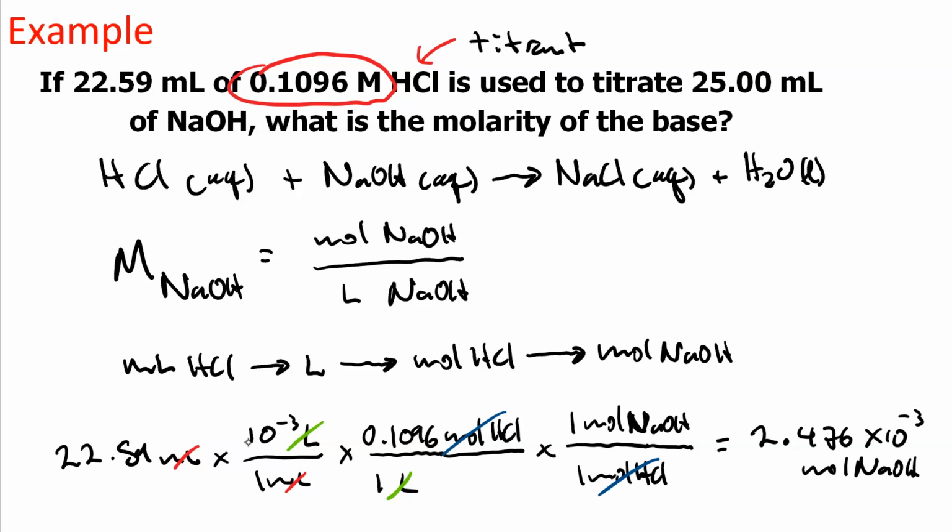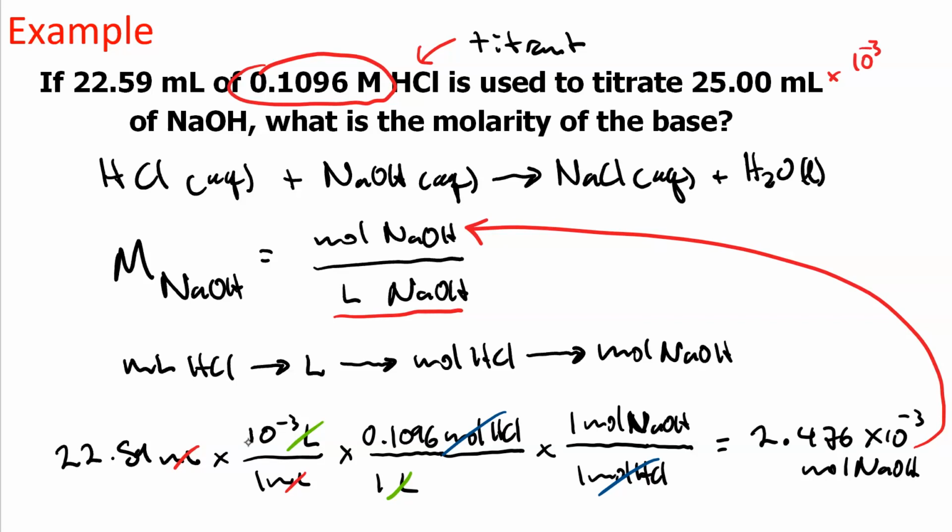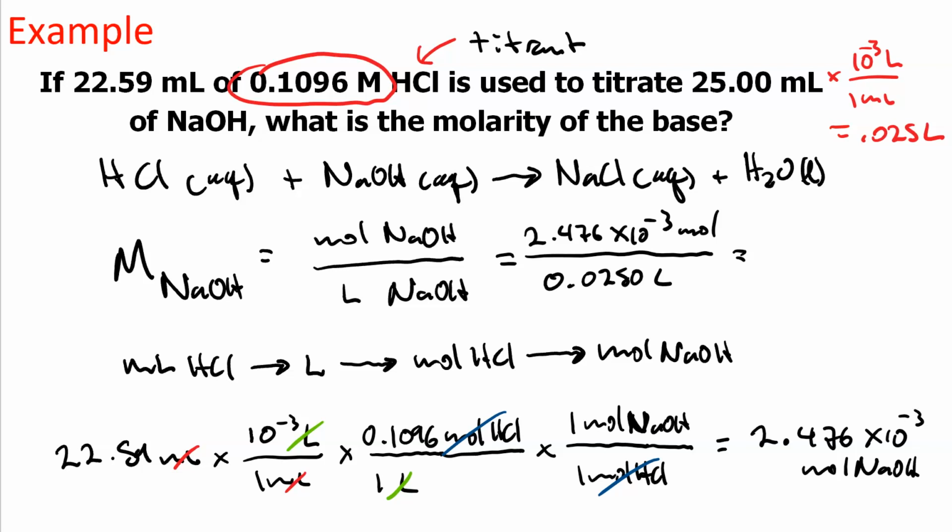We're almost there. We're going to plug that in to our molarity equation. Now we just need liters. We have 25 milliliters of NaOH. 10 to the negative third liters is 1 milliliter. That's 0.025 liters of NaOH. So that'll go here. So when I punch this all into my calculator, I get 0.09903 molar.